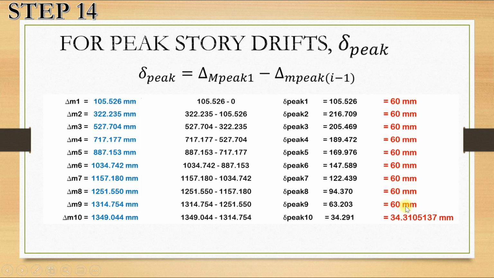At dapat hindi magsobra siya sa required na maximum. So, ito, ganito pa rin ang gagamitin natin since pasok siya sa standard. So, hindi siya sumobra ng 60 mm. Ito lang yung hindi natin dinisregard, yung sa 10th floor, kasi hindi siya sumobra ng 60.